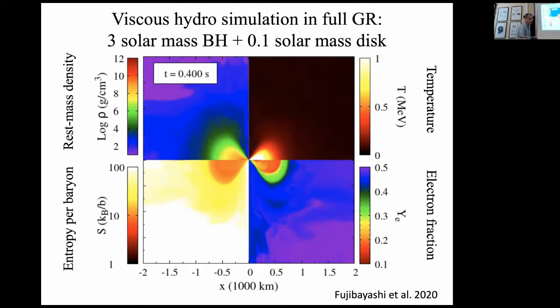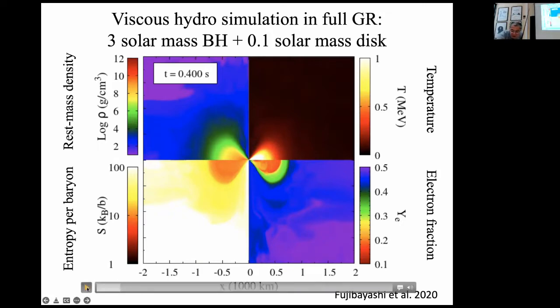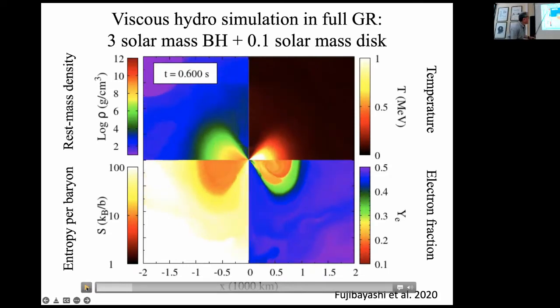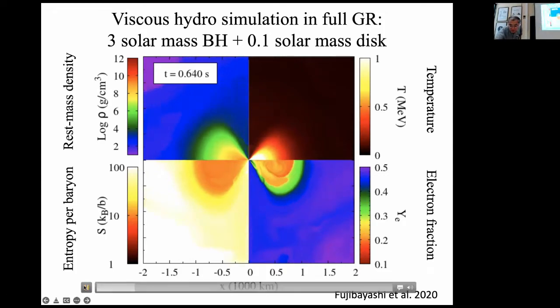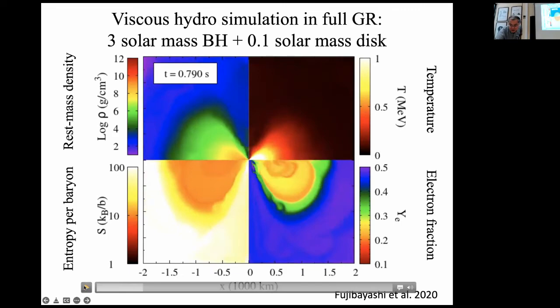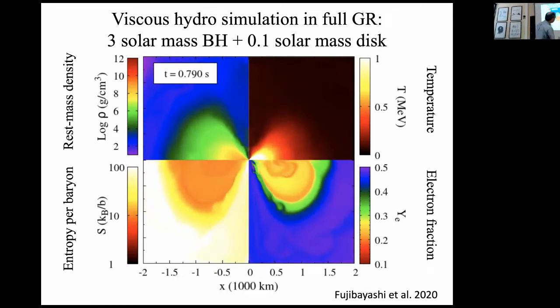But after expansion, density decreases, then electron degeneracy decreases, and then neutron richness decreases, so this color changes to 0.2, and eventually at the mass ejection phase, the typical value of Y_e is 0.2.